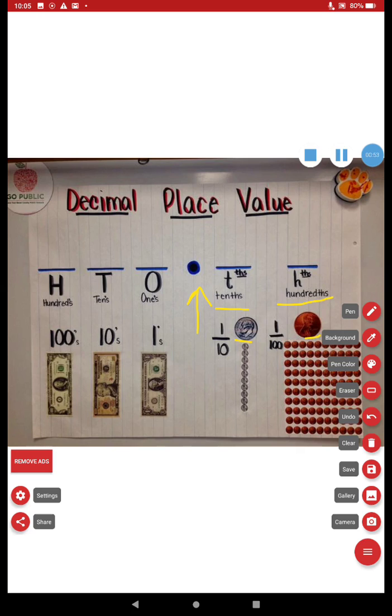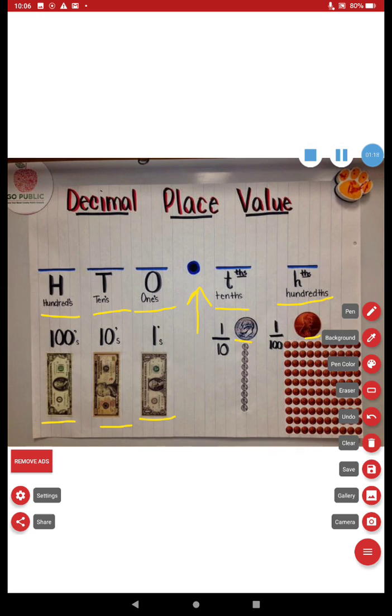When I move to the left, I actually get bigger. So when I move to the left 1 place, it's a ones. I can imagine the number 1 or a dollar. 2 places to the left, we call the tens, which I can imagine the number 10 or a $10 bill. 3 places to the left gets me hundreds, which I can imagine the number 100 or a $100 bill.